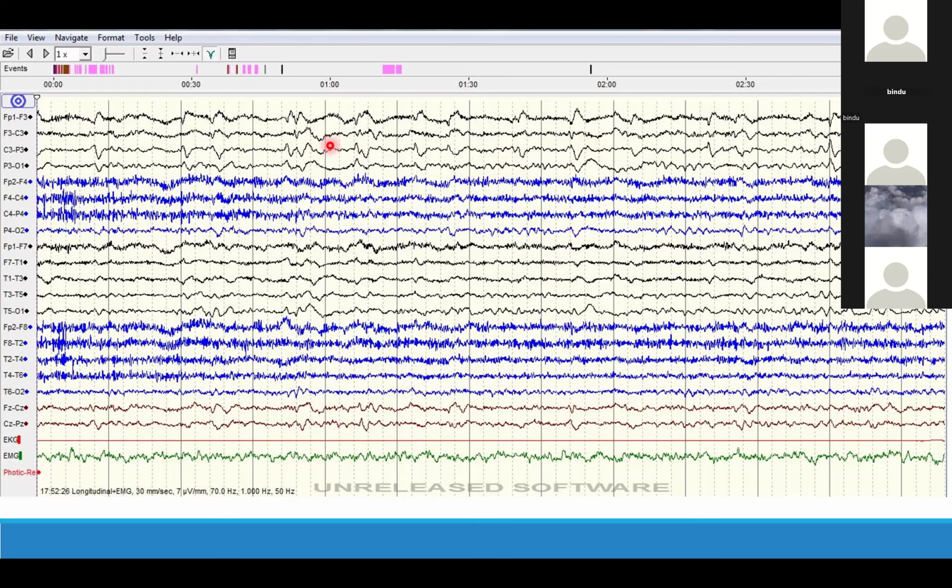There are left hemispheric lateralized periodic discharges, predominantly in fronto-centro-temporal regions, and there is background slowing also. Same in average montage.